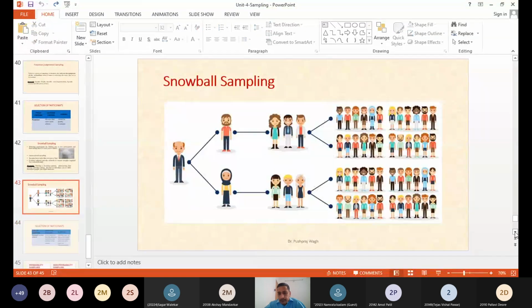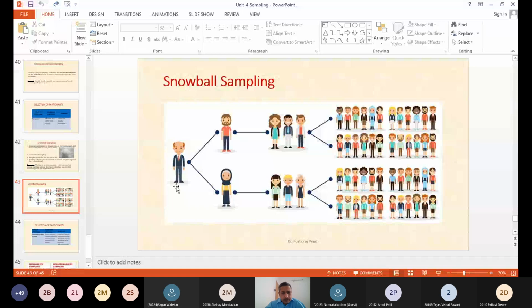We'll see this diagram. In snowball sampling, first we find one person having a particular characteristic which we want to study. We have taken the example that the researcher is intending to study people who have migrated from other states to Pune city. So he may find one such person. He will ask for the contact details of other people who have migrated like him. So he may get two people.